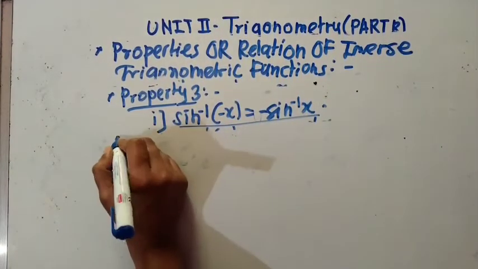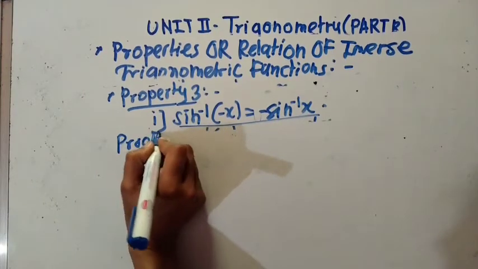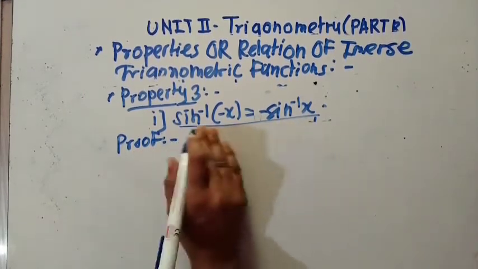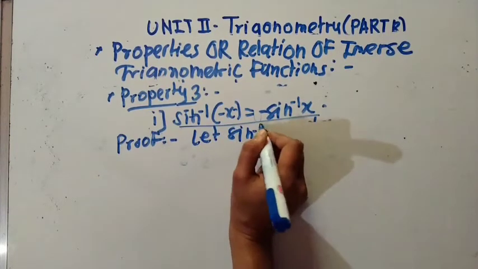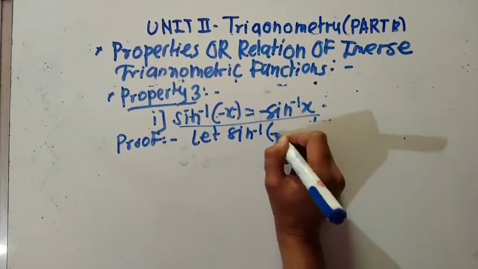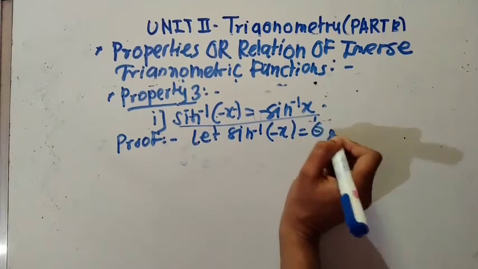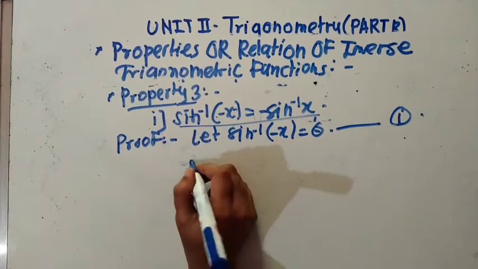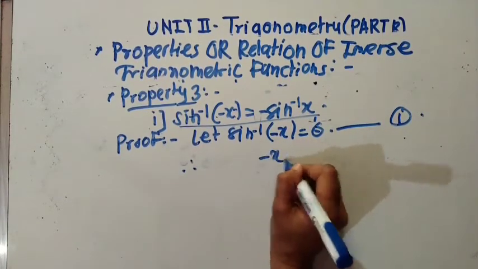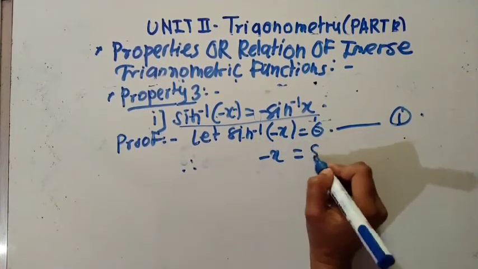So for this property proof, let us consider sine inverse of minus x is equal to theta. Consider theta. This is the first equation. Hence minus x is equal to sin theta.